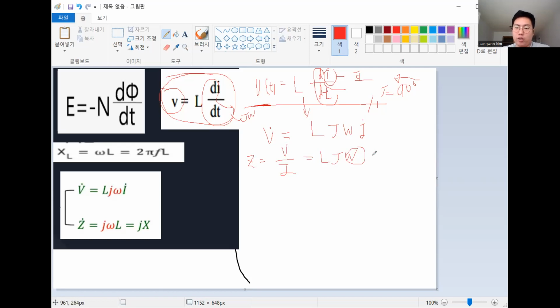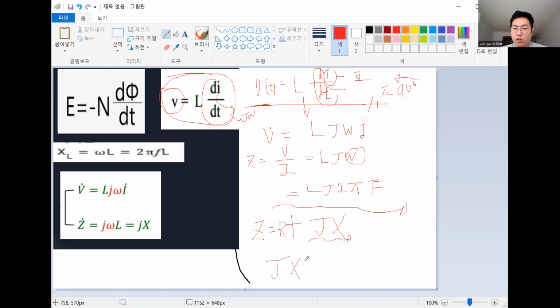So I will change it to L j 2 pi f, right? Yeah, this one. And as you know, impedance is R plus jX. But in the inductor, there's only an imaginary number, right?